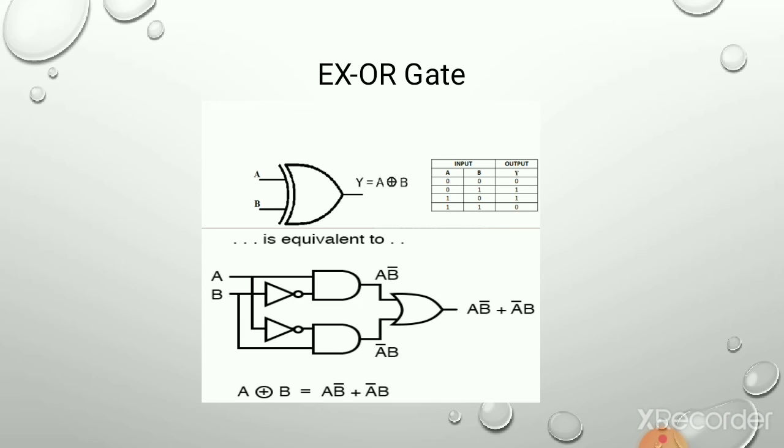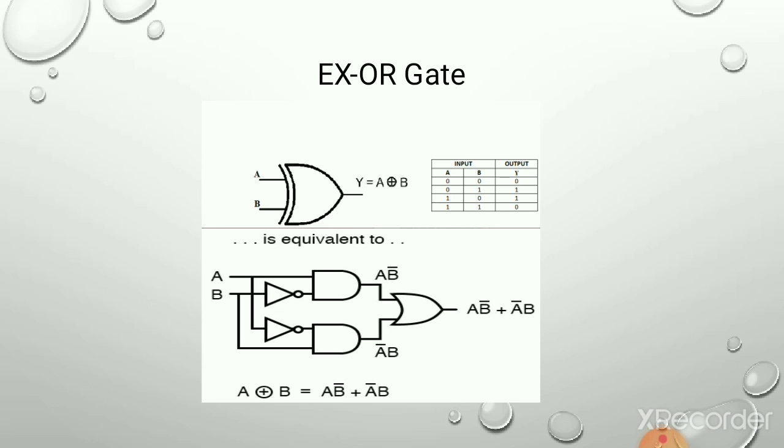Next is the XOR gate, the exclusive OR gate. The XOR gate has two input terminals and one output terminal. Let's see in this figure the truth table of a two input XOR gate, which shows that when both the inputs are at identical logic levels, meaning A is equal to B, the output is low, that is Y is equal to 0, for A equal to B equal to 0 or A equal to B equal to 1.